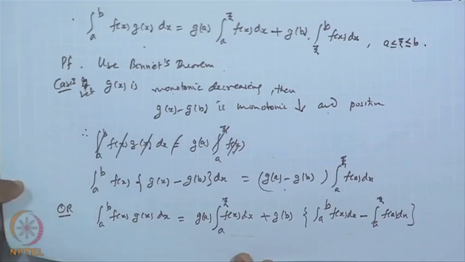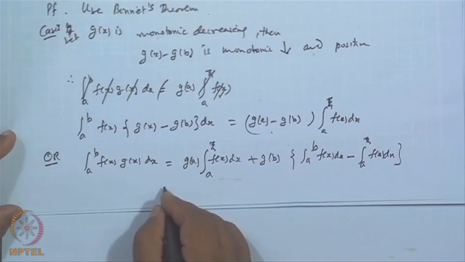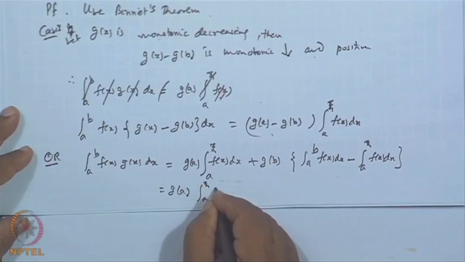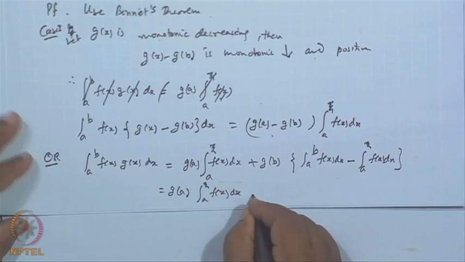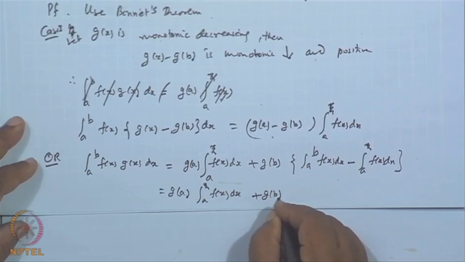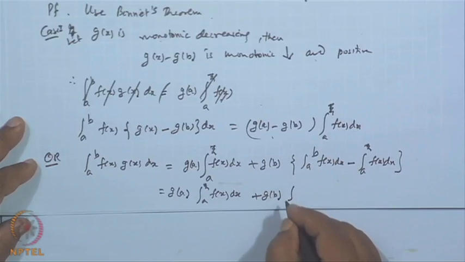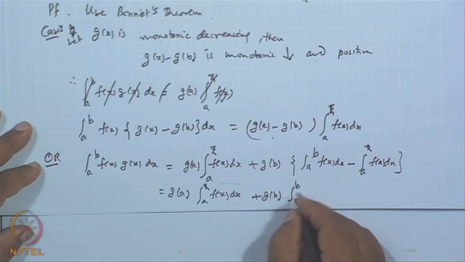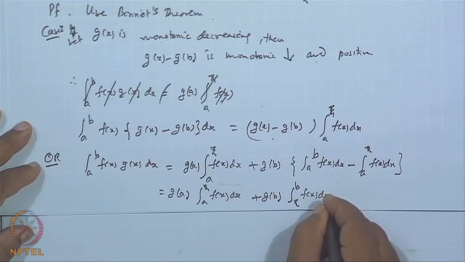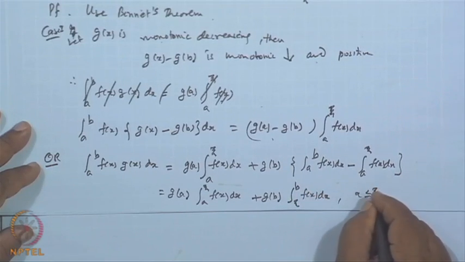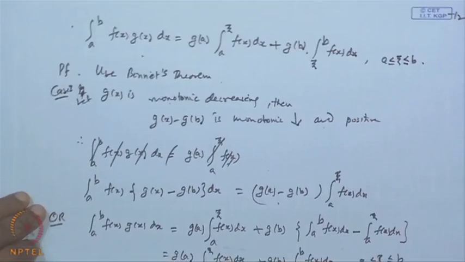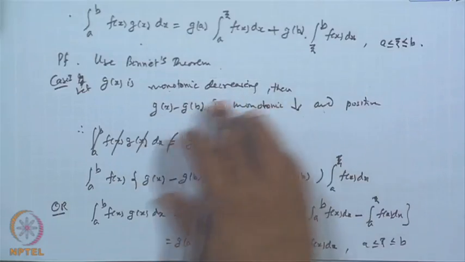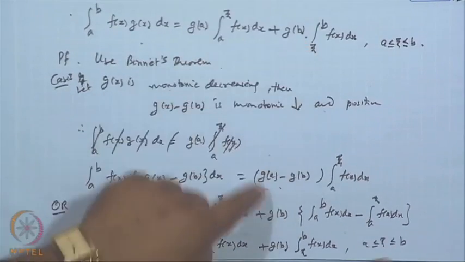But this will be equal to what? This is equal to g of a times the integral from a to xi of f(x) dx as it is, plus g of b times the integral from xi to b of f(x) dx, where xi lies between a and b, and that is what we wanted to show, is it not? That is the first part: if g is monotonic decreasing, we get g of a times this part plus g of b times this part.